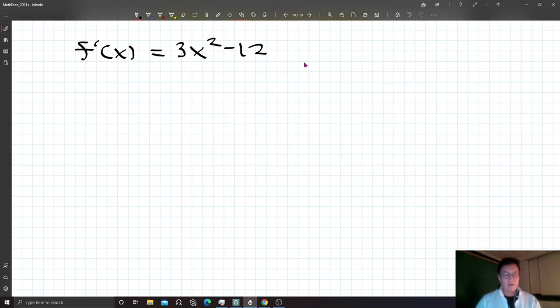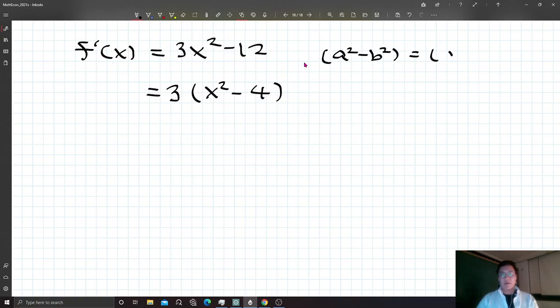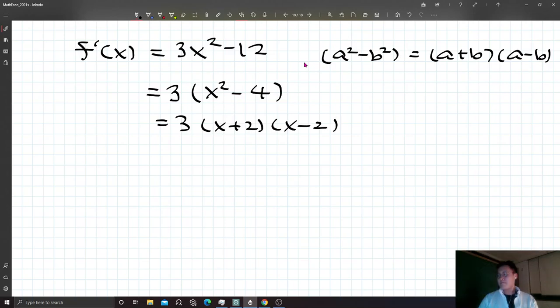So I can factor out 3 and get x squared minus 4. Okay? And using the formula, a squared minus b squared is a plus b times a minus b, I can rewrite this as 3 times x plus 2 times x minus 2. So now we examine the sign of the derivative to tell on which interval the function is increasing or decreasing.